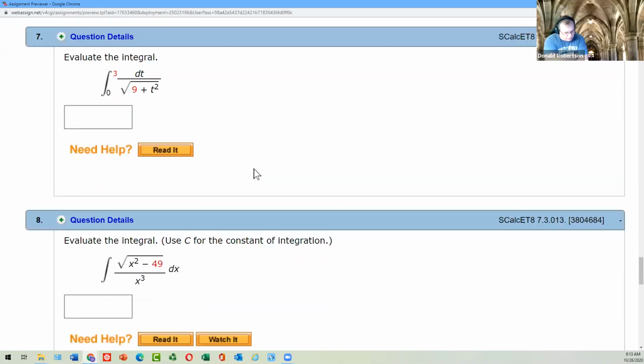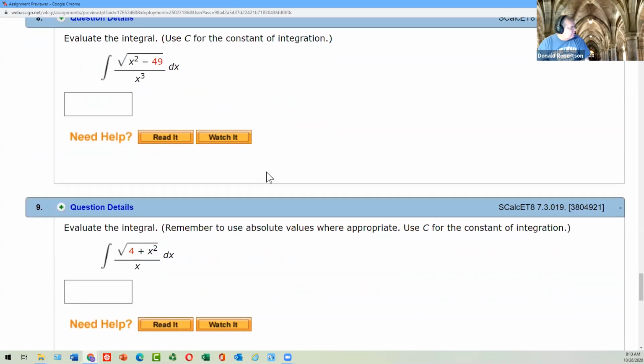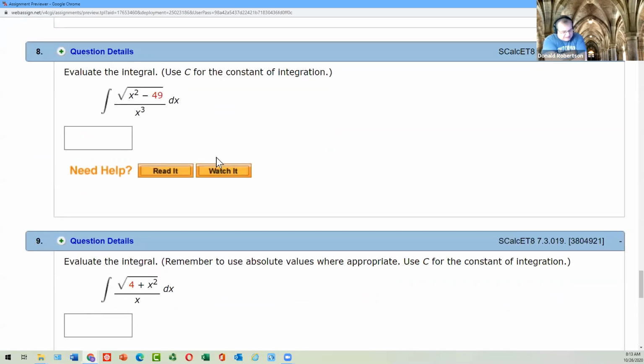Right, now, the one underneath was 3 tan theta, so I'm assuming, well, actually, it's t equals 3 tan theta, so it is. Right, we're getting there. The one at the top here is question 8. What would you use as your x sub this time? 7 secant theta.